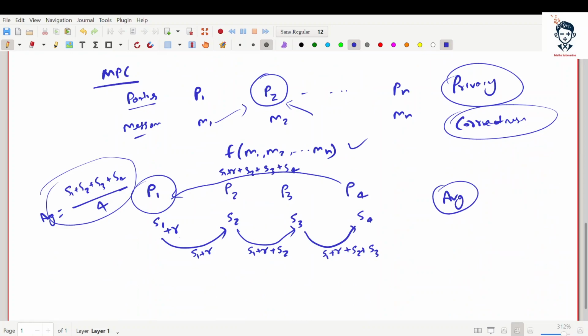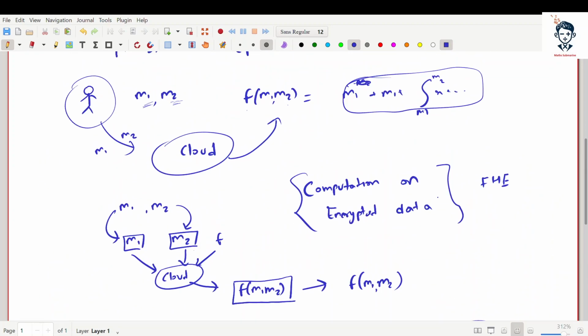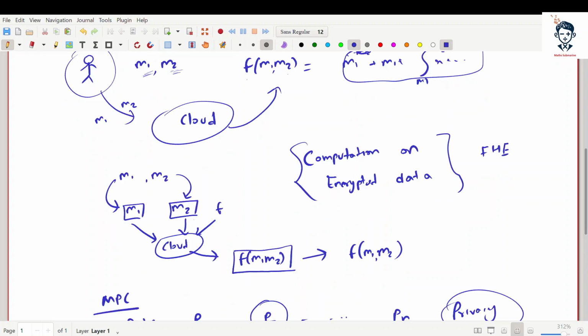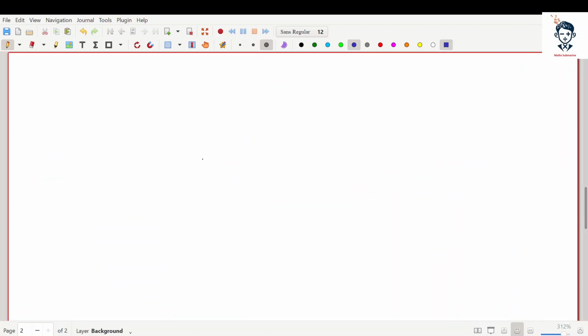Now, I told you about FHE with respect to only one person. There is one more concept called multi-key FHE, in which there may be more than one person. Suppose there are n parties.